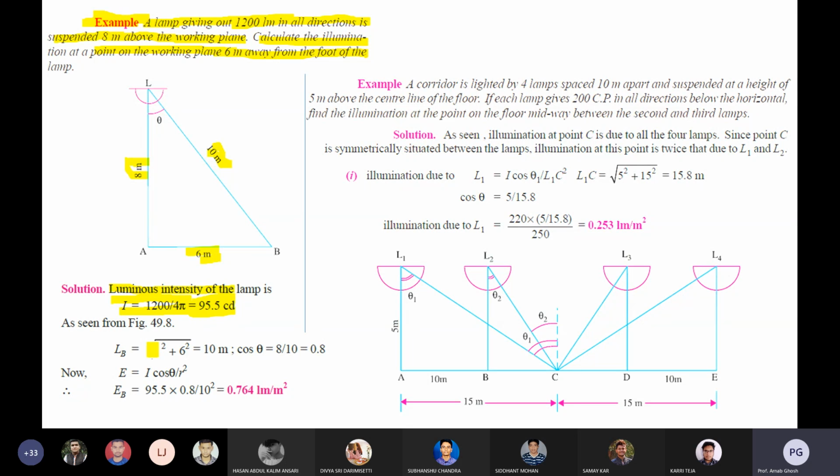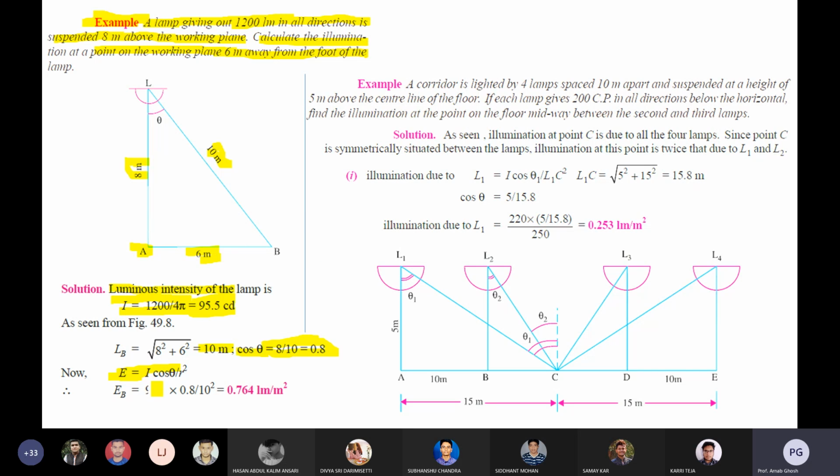From the figure you can see directly that it is 10. So cos theta value equal to how much? B by h, that means 8 by 10, so it is 0.8. So what is E? E equal to I cos theta by r square.